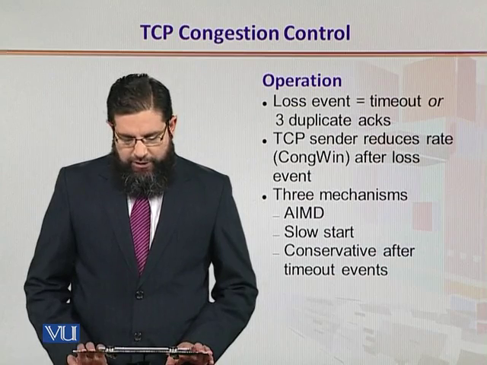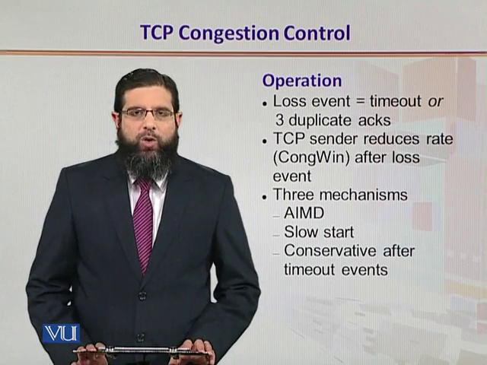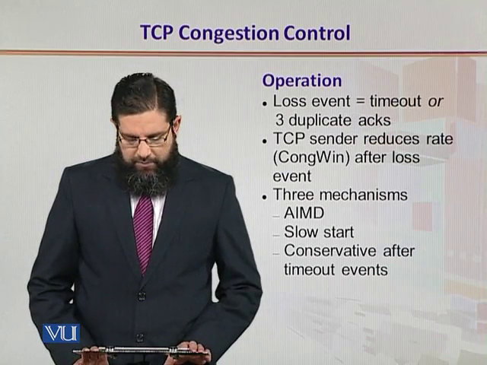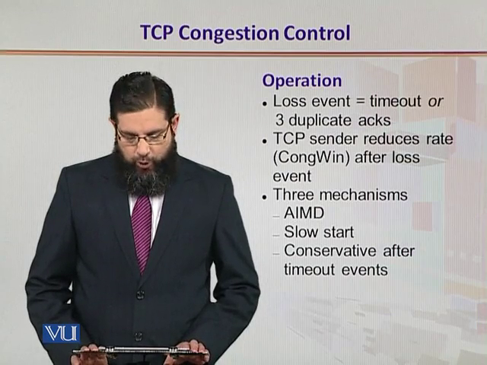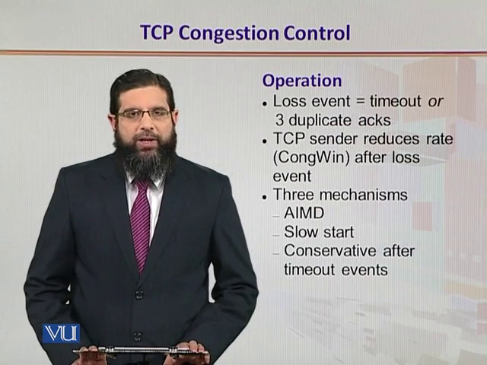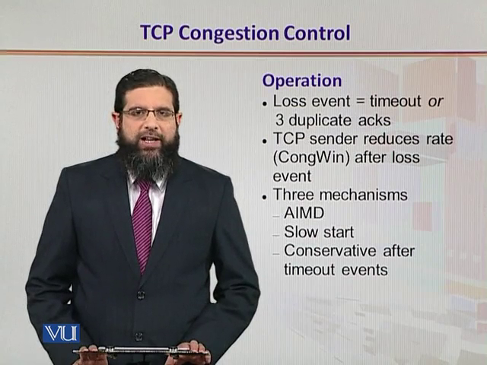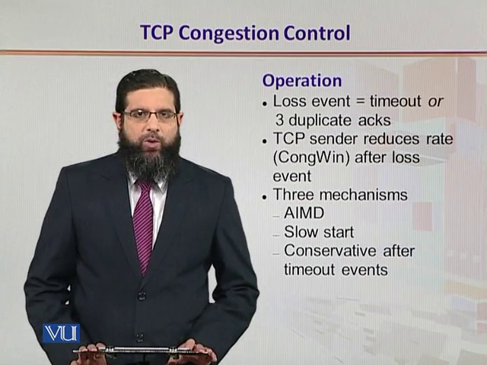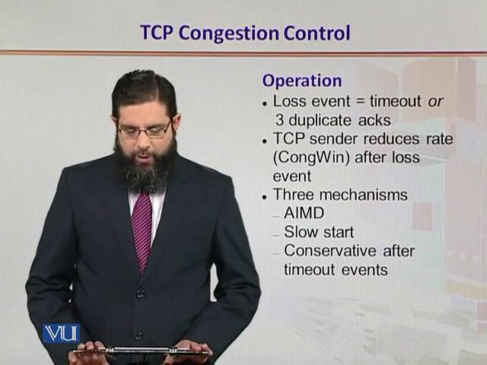The TCP sender reduces the congestion window after a loss event, and it reduces down to 1 and starts from the slow start mechanism. If the TCP sender gets to know of the arrival of 3 duplicate ACKs, it means that the congestion is slowly building up, so it must not exponentially increase its congestion window and must resort to a conservative increase in window size.